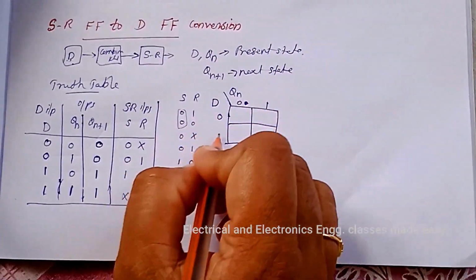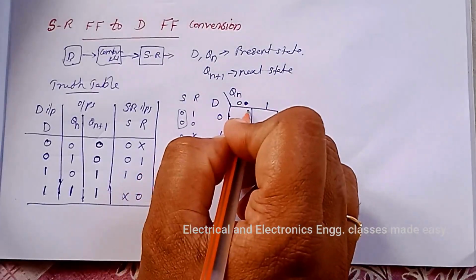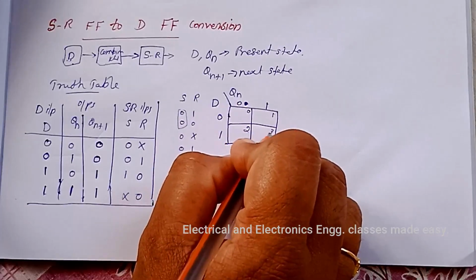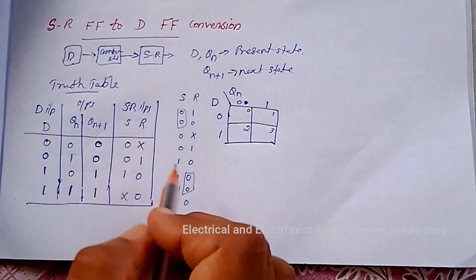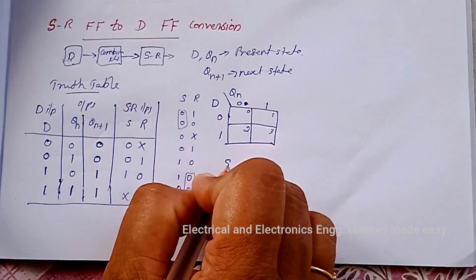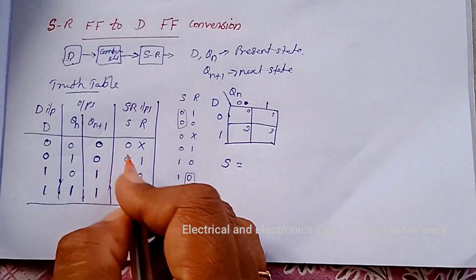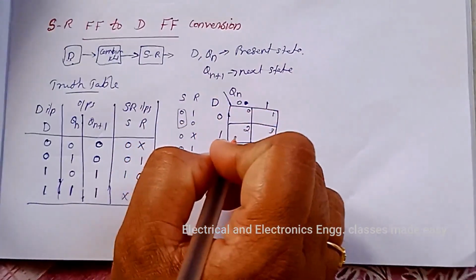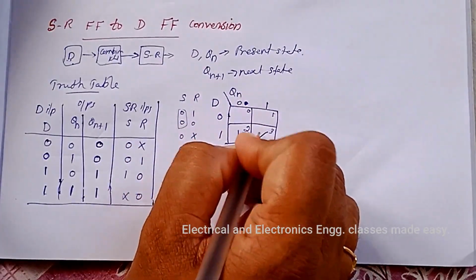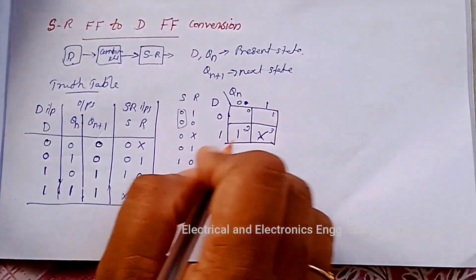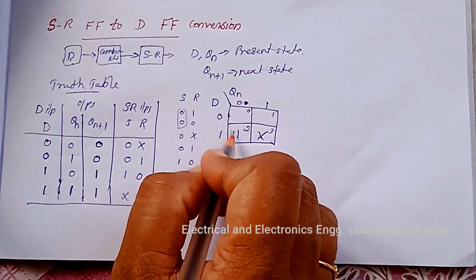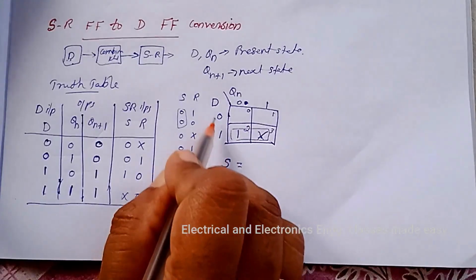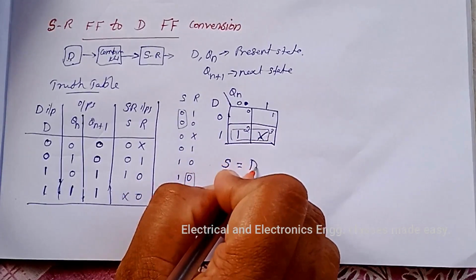Here also 0 and 1, 0 1 2 and 3. While designing the S input, we get 0 0 then 1 1 and don't care. So here these two squares we can combine, and that is equal to D.